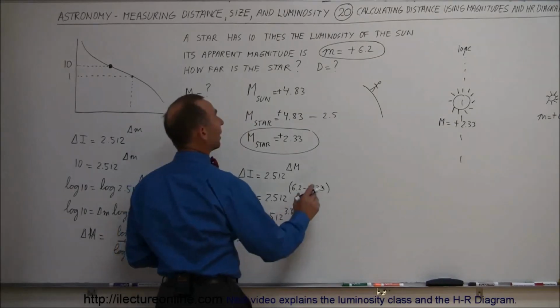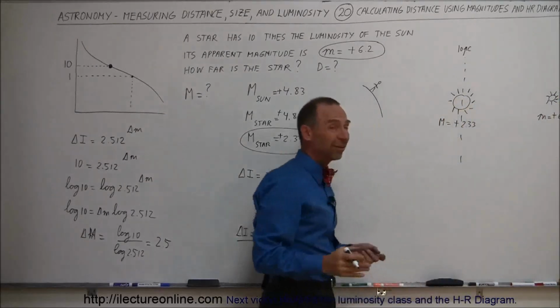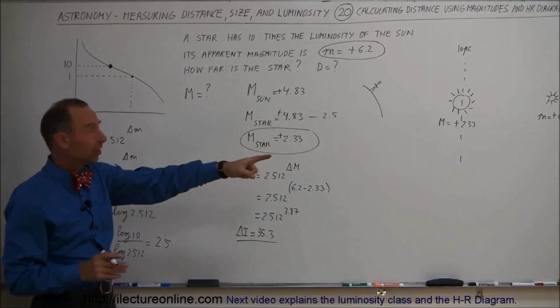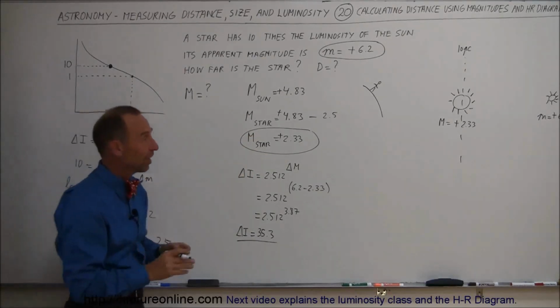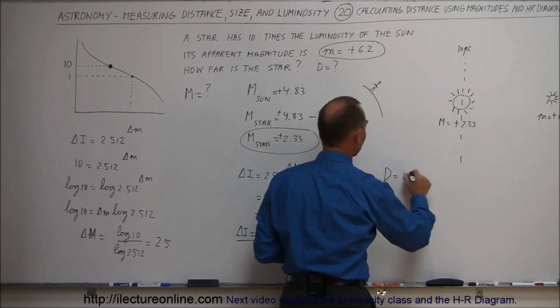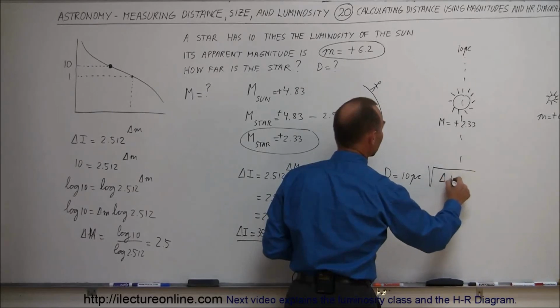So the difference in the intensity is 35.3 if the star was at 10 parsecs versus the star being there. So in other words, it's going to be 35.3 times dimmer where it actually is than what it would be if it was at a distance of 10 parsecs. Now the final stage, since it's farther away, we can then say that the distance is equal to 10 parsecs times the square root of the difference in the intensity.